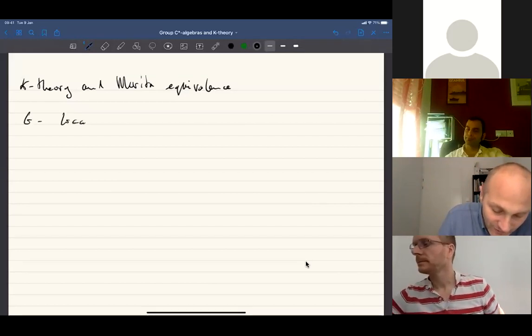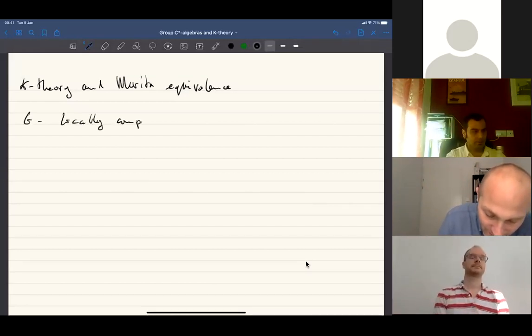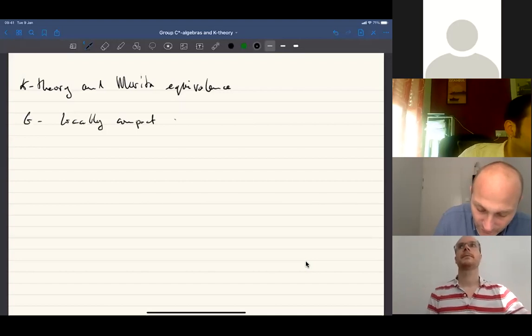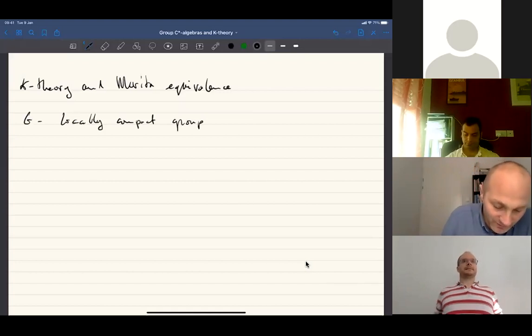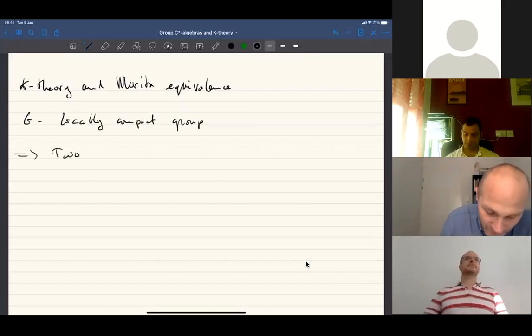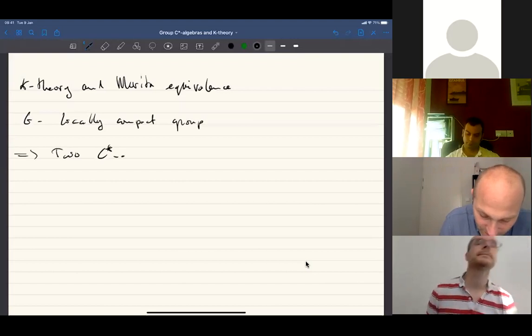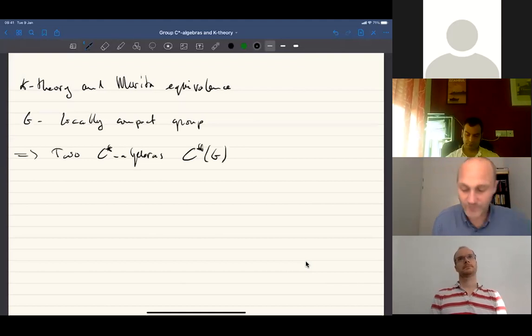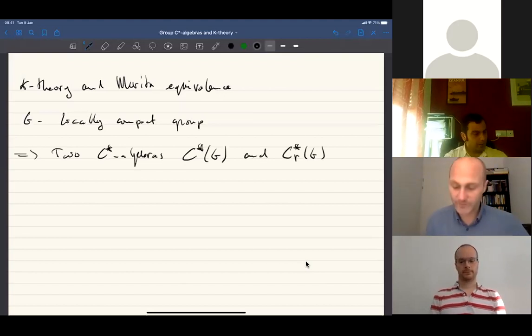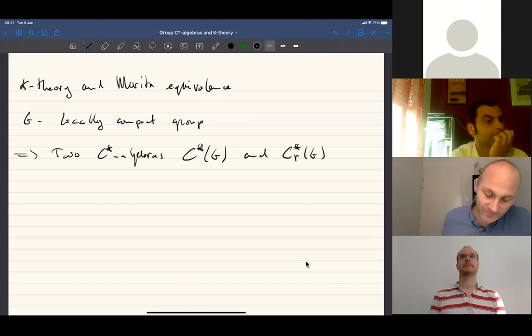So G is a locally compact group, and what we did yesterday was we constructed two C-star algebras: C-star G, the full C-star algebra of G, and C-star reduced G, the reduced C-star algebra of G.